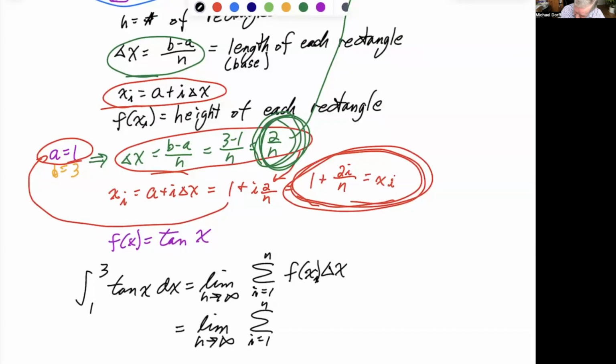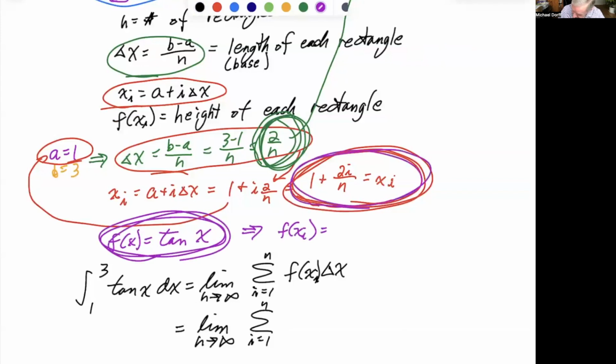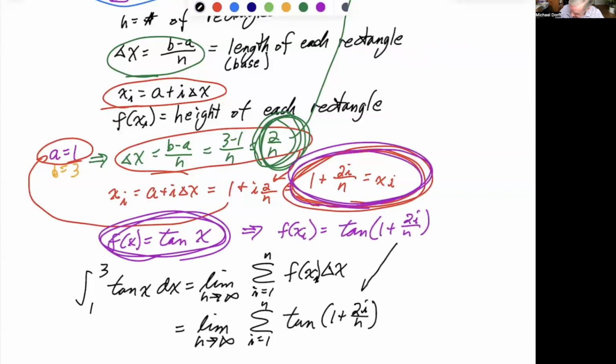We said f of x here is tan x. So that means for f of x sub i, I'm going to use this for x sub i. So it's going to be tangent of 1 plus 2i over n. So we go back here and put tangent of 1 plus 2i over n in there.